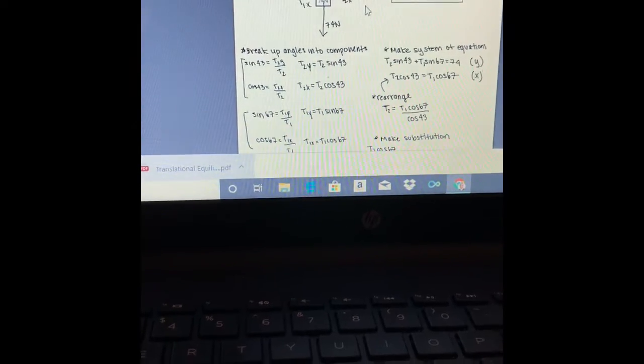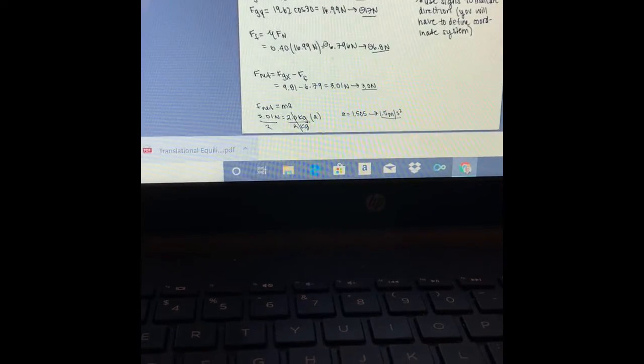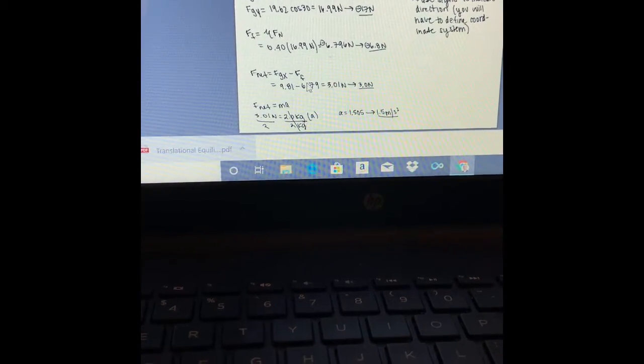And then F net is another equation. I'm pretty sure, does she give it to you? Yeah. No, F equals MA, but you want to use FGX minus FF to get F net. So F net equals FGX minus FF.